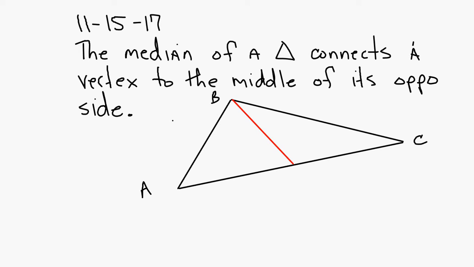So it would be about here. Call that point D. It's the middle of the opposite side, so it means A to D is congruent to D to C. B to D is a median.